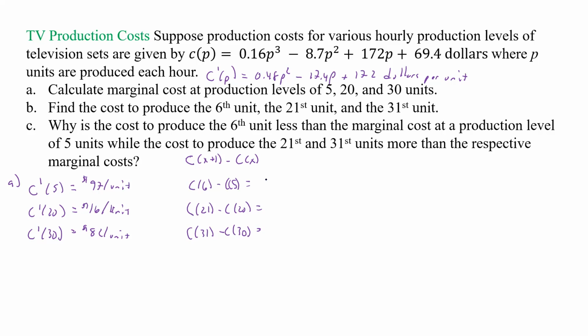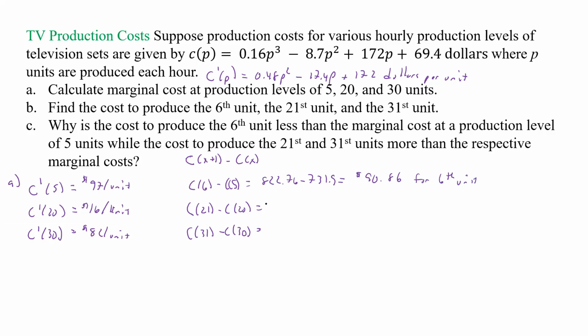So we have 822.76 minus 731.9, and if we take that, we get 90.86. And that's for the 6th unit.